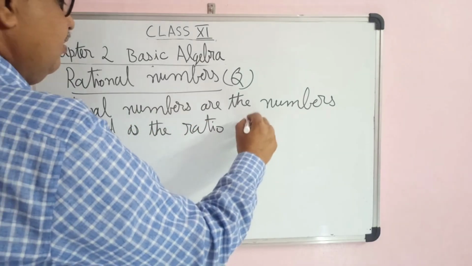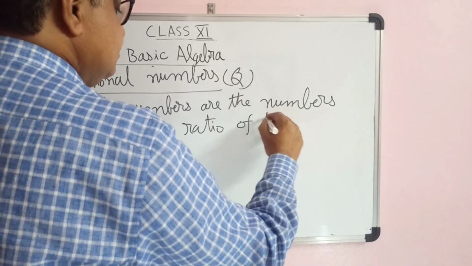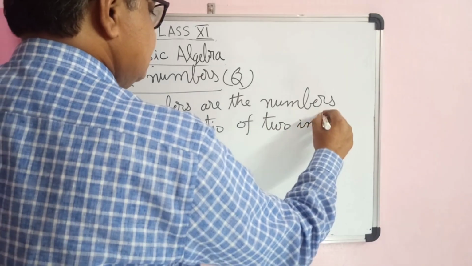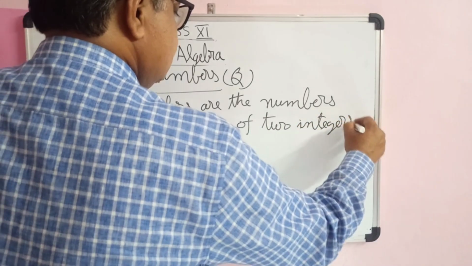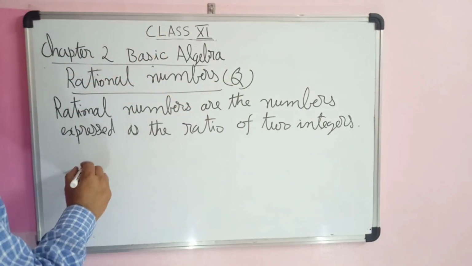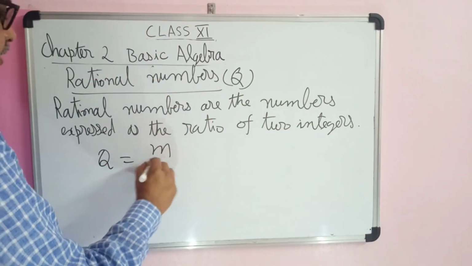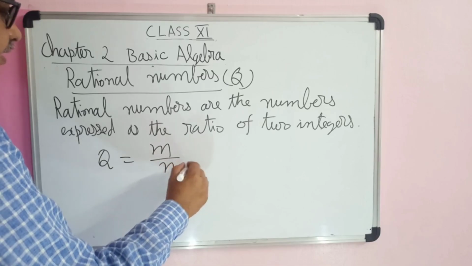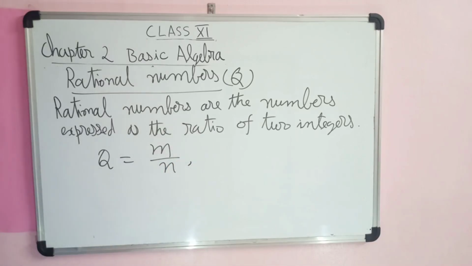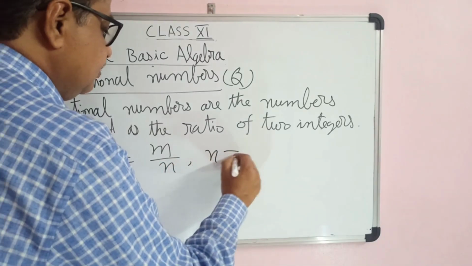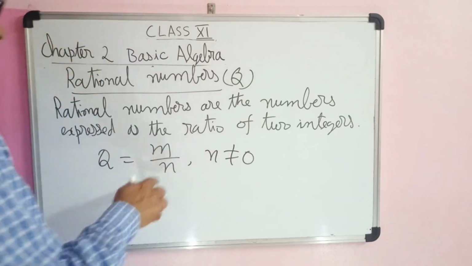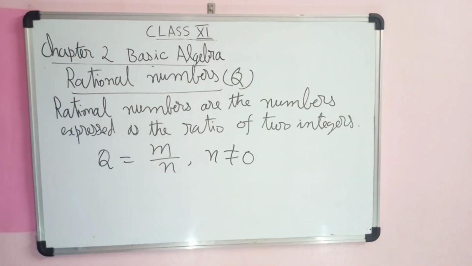Q is equal to m by n, where n is not equal to 0.